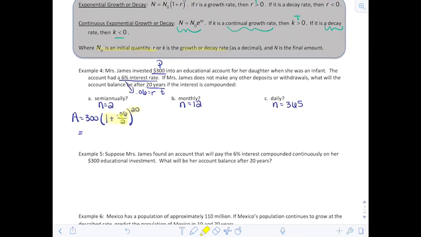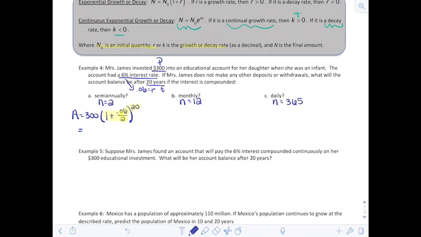Oh, I forgot 2 times 20. Pause. N times t, so 2 times 20. So I would then raise it to the 40th power. And then after all that, I would multiply everything by 300. So when you put that into the calculator to the nearest cent, after 20 years, she would have $978.61. I would encourage you to stop this video, go through, and do these next couple of problems yourself, then turn it back on and see if you got the right answer.